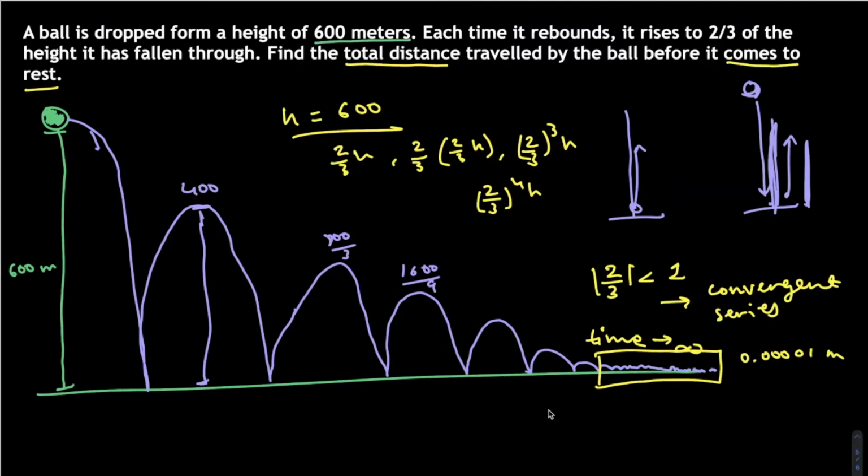It's like adding 0.001 to 100. It's 100.001, the same thing as 100. There's absolutely no difference. So this is the key information to understand that we're talking about sum to infinity, and because it's a convergent series, and the common ratio here is 2/3.